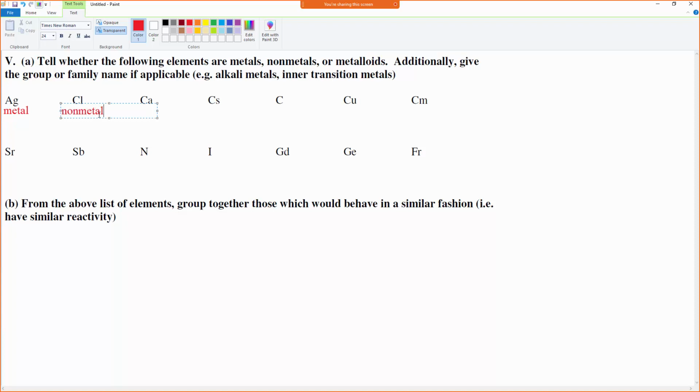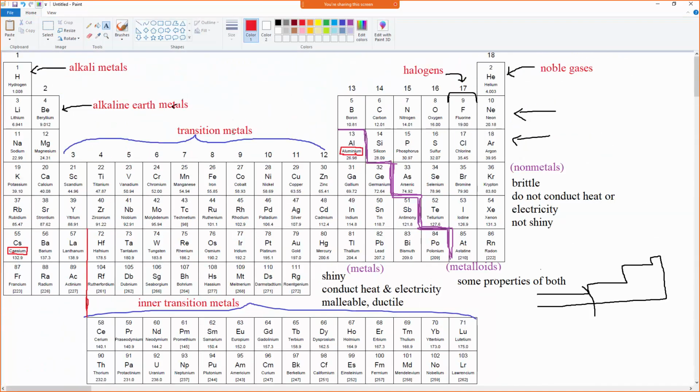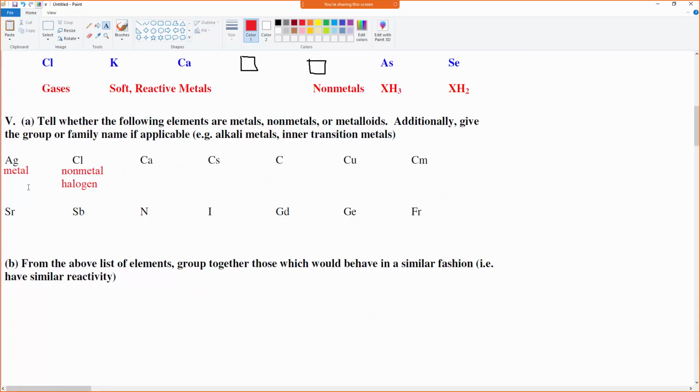Perfect. It also says additionally give the group or family name. What's the family name for that guy? Halogen. Perfect. Right, so if we scroll up here, we can see, sure enough, there's silver. It's a metal. Specifically, it's a transition metal. I should probably note that. And here's chlorine. It's in this column. It's a halogen. Now, again, you do get this periodic table on the exam, so you never have to memorize the element names or the periodic table at any time.